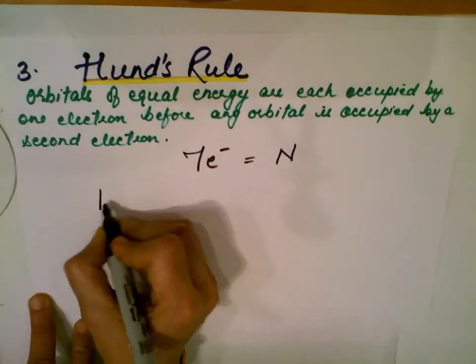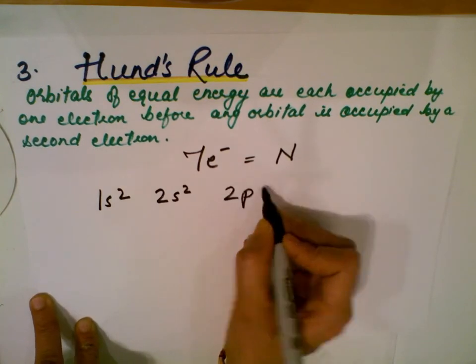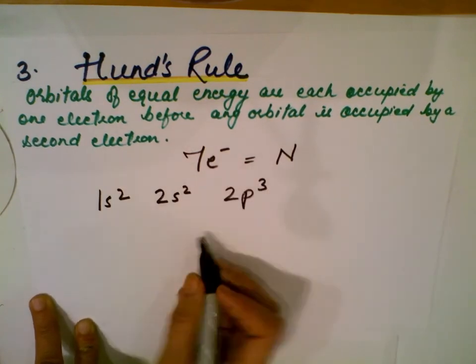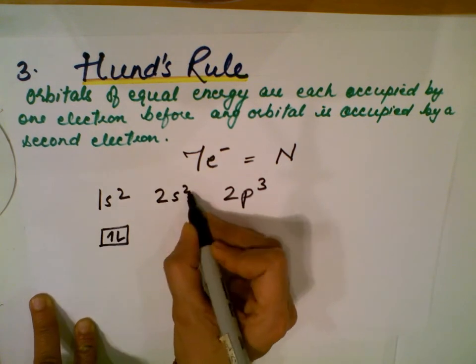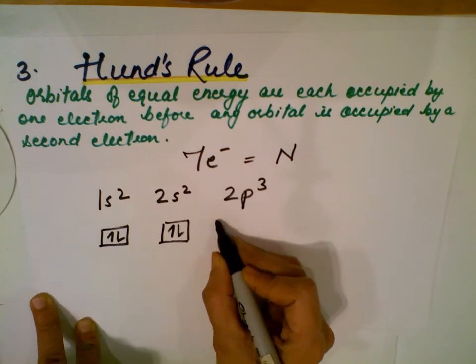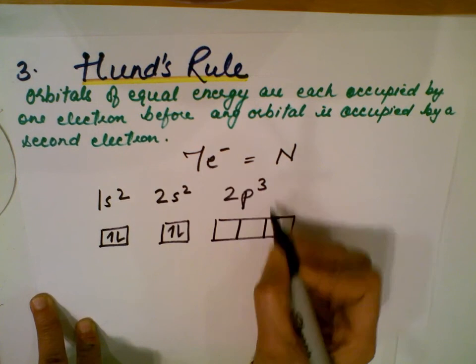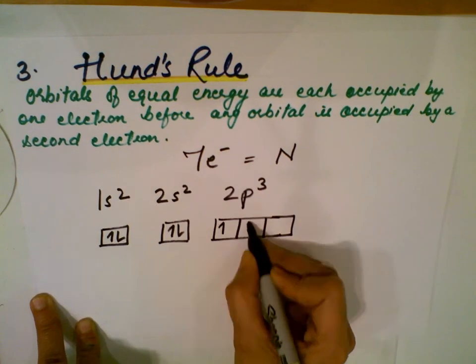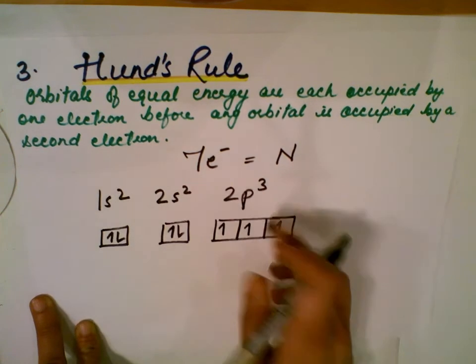So 1s2, 2s2, 2p3. If you make the orbital diagram, the 1s orbital is 1 with 2 electrons, the 2s orbital is 1 with 2 electrons, and the 2p orbitals are 3, with 3 electrons here, 1, 2, 3. So it is total 7. 2 plus 2 plus 3 is 7.